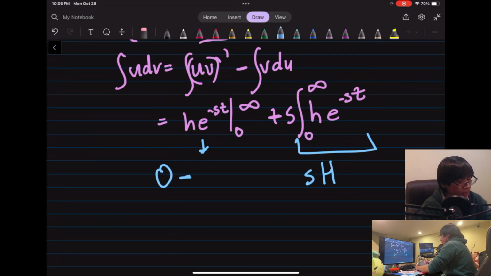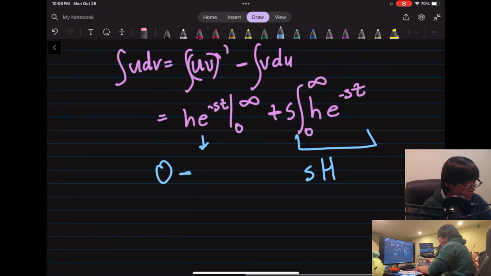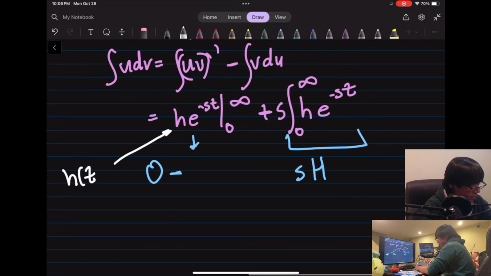And then we have the bottom bound, so that's 0. And of course, I guess this is unspoken, but this h is obviously in terms of time. It's a function of time. So we also evaluate that at 0. So if e to negative st and t is equal to 0, the exponential becomes e to the 0, which is just 1. And then h is thus evaluated at h of 0.